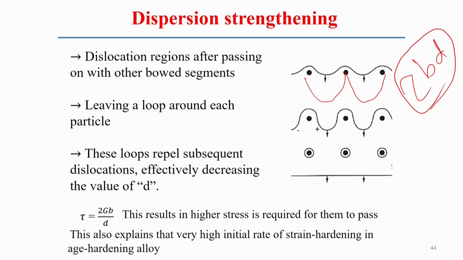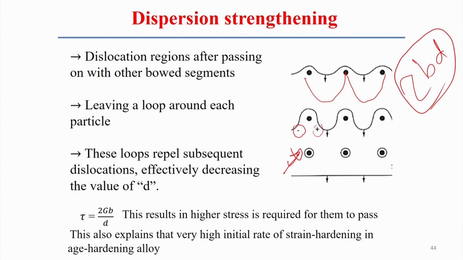So it is subjected to that kind of stress field, or the force τbD. Then you see it tries to bow around the particles, and with further increase the dislocation bows around the particle and leaves a loop around each particle. With further bowing, the positive and negative sides can attract each other and produce one loop.